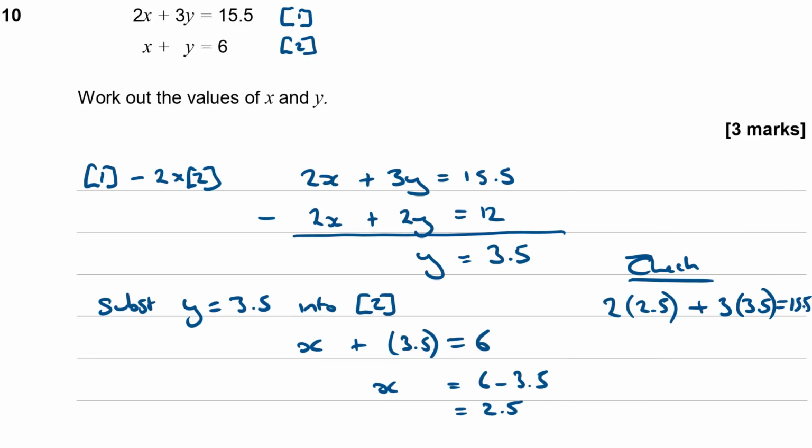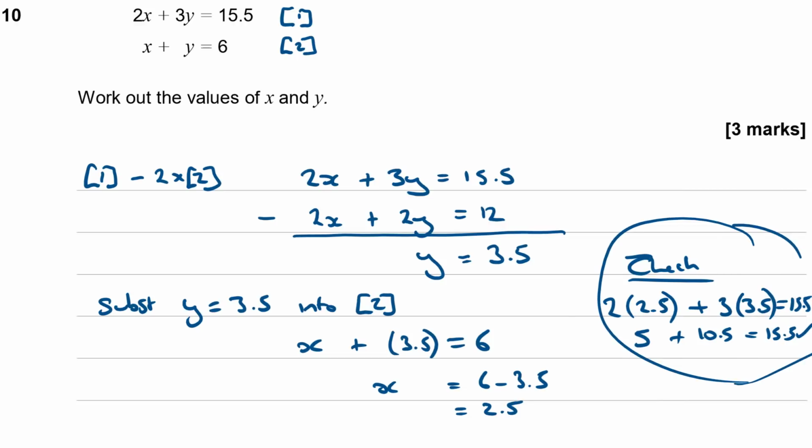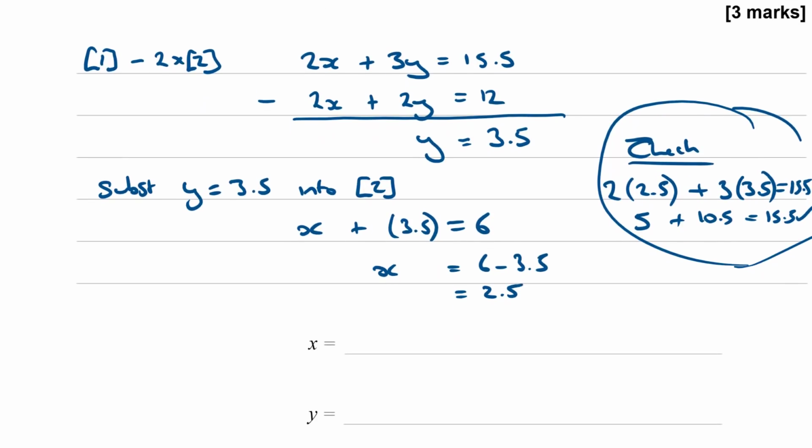Okay, so 2 lots of 2.5 is 5, 3 lots of 3.5 is 10.5, and together, yes, they do make 15.5. So I'm quite happy that my answer is correct. Okay, so now I'm satisfied. I'm just going to write those two values in here. So x is 2.5 and y is 3.5.